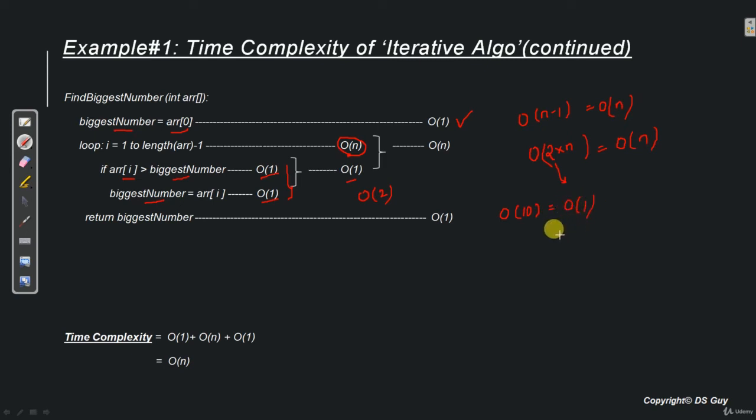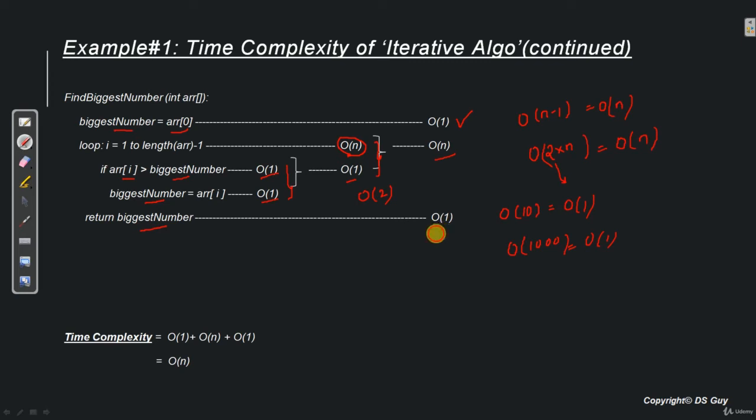Or even if we have order of 1000, still we can say it as order of 1. The reason is 1000, 10 or 20, all these numbers are constants. So when we multiply order of n with order of 1, we get order of n. Now the final statement is returning the value in the biggest number variable.